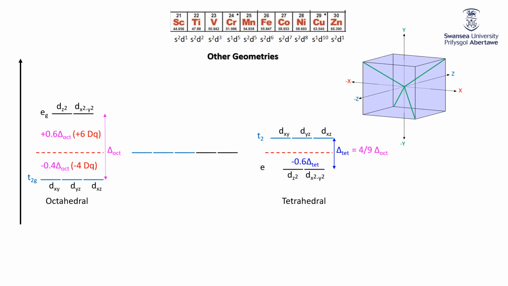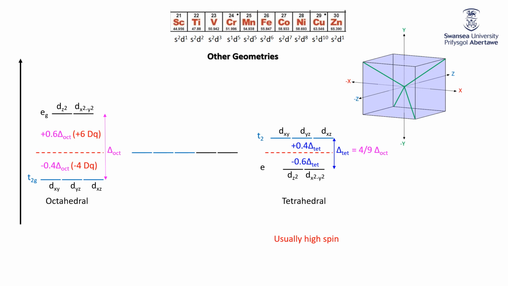And the values in particular are the same, but again switched. So we've got 2 orbitals stabilized by 0.6, 3 orbitals destabilized by 0.4. Octahedral splitting, tetrahedral splitting. And in one of the extension videos, I actually compare some of the energies associated with octahedral and tetrahedral and use it as an argument as to why one observes tetrahedral geometries in some cases and not in others.